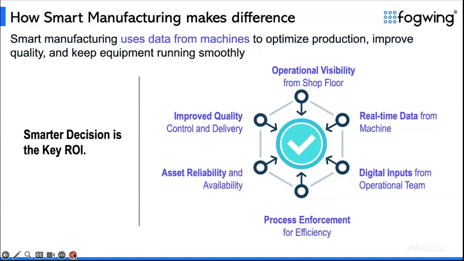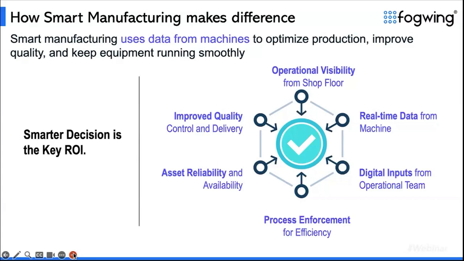Collecting data from the machine and the operators helps to understand how efficiently things are happening, and also enforces the process. Along with that, the side effect is reliability and quality improvement. Altogether, it makes the operational team as well as the top management make smart decisions.